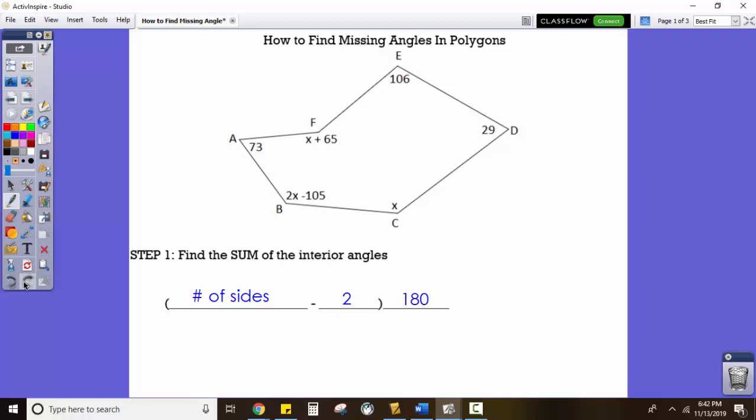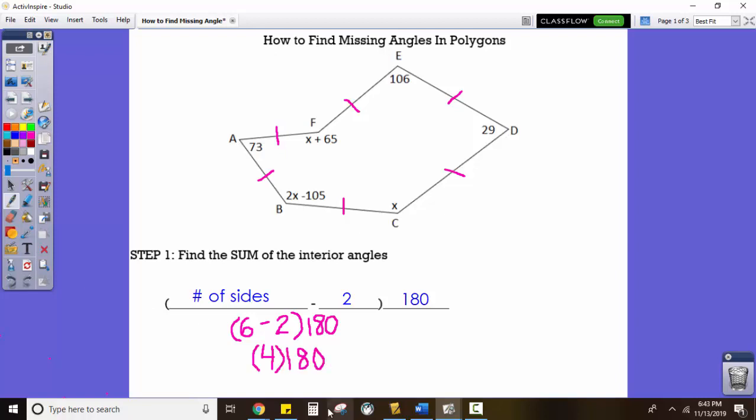So I'm going to go ahead and do step 1 first. I'm going to count the number of sides. I've got 1, 2, 3, 4, 5, and 6 sides. So I'm going to record I have 6 sides minus 2. I'm going to take that multiplied by 180. 6 minus 2 is 4.